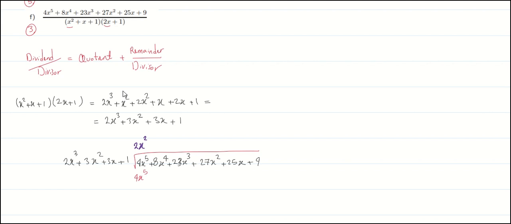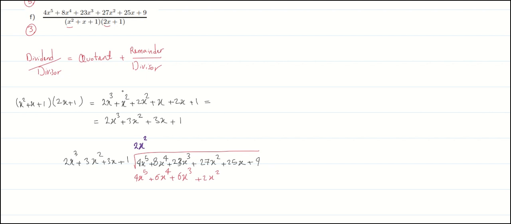2x squared times 3x squared is 6x to the power of 4. 2x squared times 3x is 6x cubed, and we have 2x squared as our last term. Now we subtract this expression from our dividend.